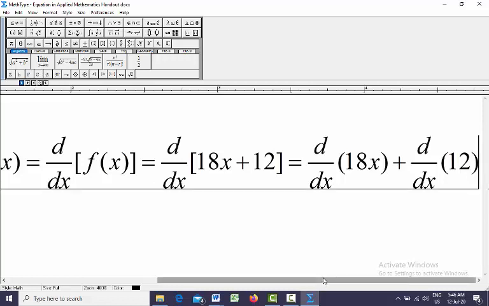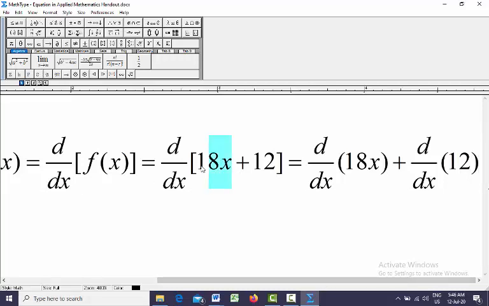It will be like this. You need to do differentiation of 18x first, there will be a plus in between because there was a plus in between here, and then you need to do differentiation of 12.